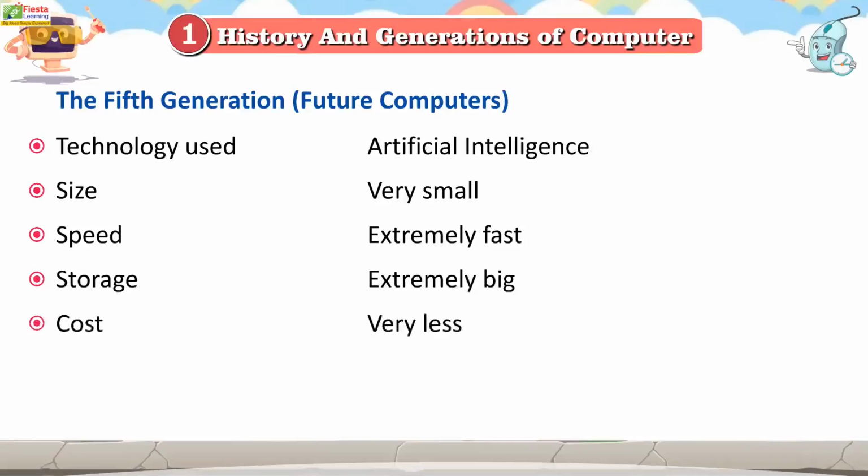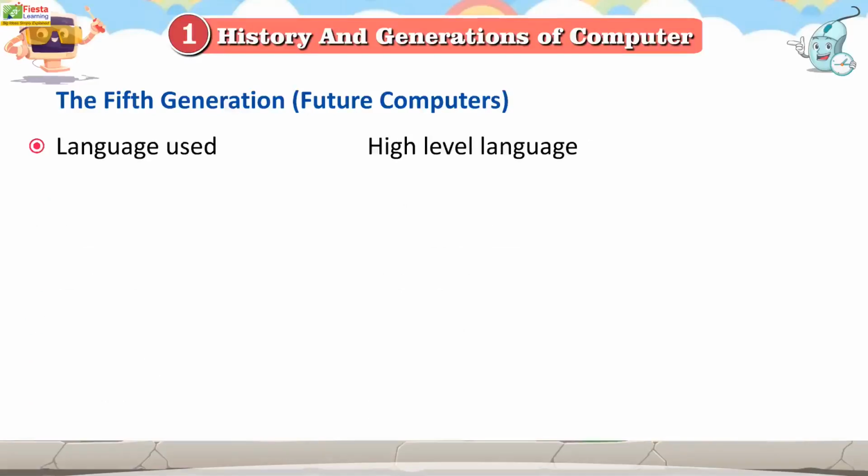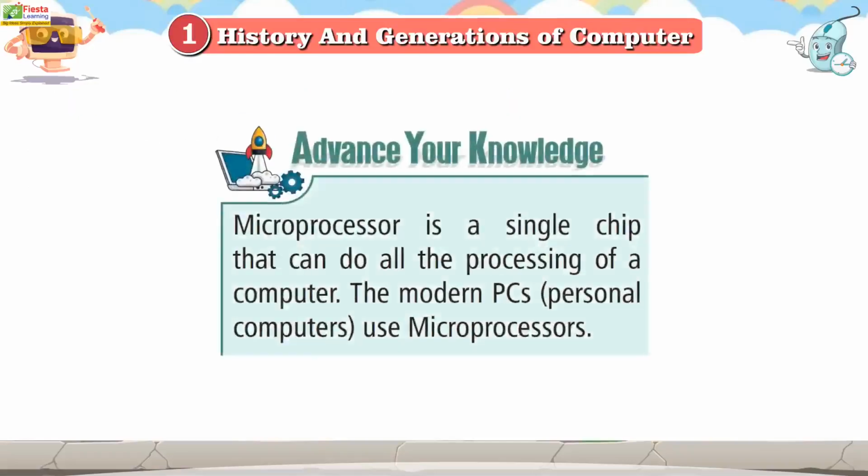Cost: very less. Reliability: 100%. Limitations: none. Language used: high-level language. Time period: yet to come. Advance your knowledge. Microprocessor is a single chip that can do all the processing of a computer. The modern PCs, personal computers, use microprocessors.